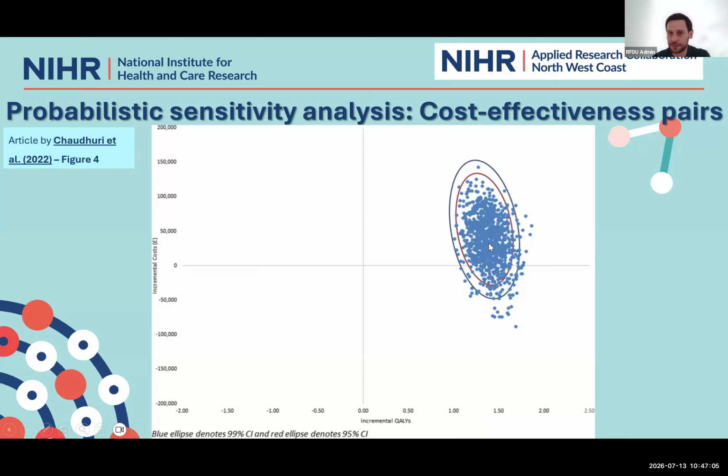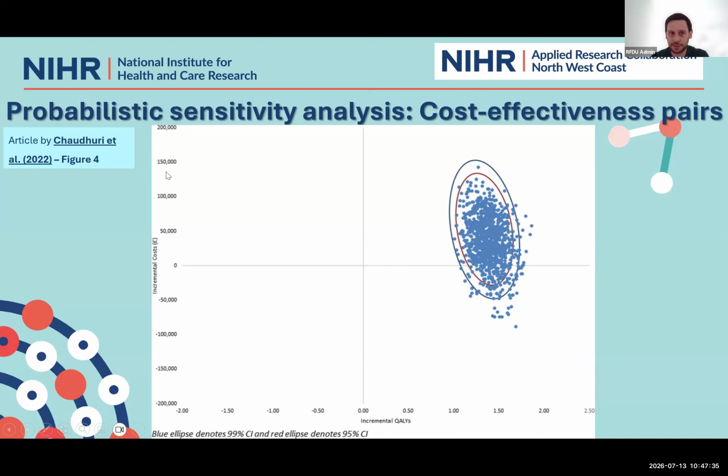All these blue dots represent an individual, or joint, cost effectiveness pair. And these pairs all come from a random draw of plausible cost and QALY values. If you display them on a cost effectiveness plane, you see that the majority tend to be in the northeast quadrant.